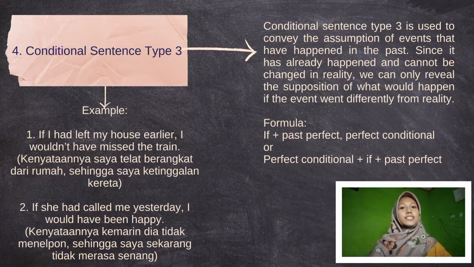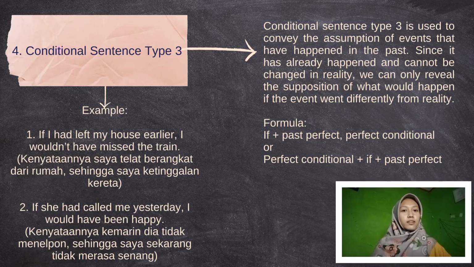Okay, the last type is conditional sentence type 3. This conditional sentence is used to convey the assumption or events that have happened in the past, since it has already happened and cannot be changed in reality.